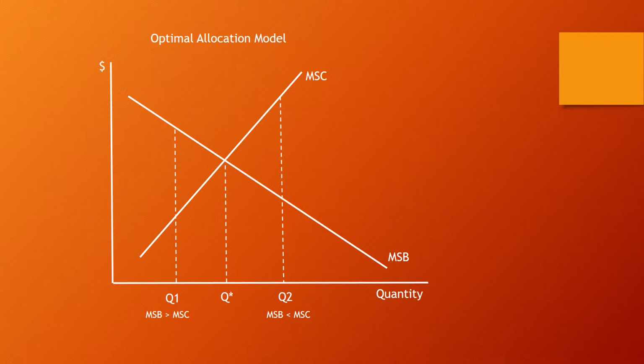And with the quantity Q2, the value to people in the community of other goods given up is greater than the value to the same people in the community of an extra unit of this good gained, whatever it is. This idea is probably the economic meaning of the phrase, "it costs too much." Beyond Q star, people in the community in total value goods and services given up more than they value additional units of this good gained.